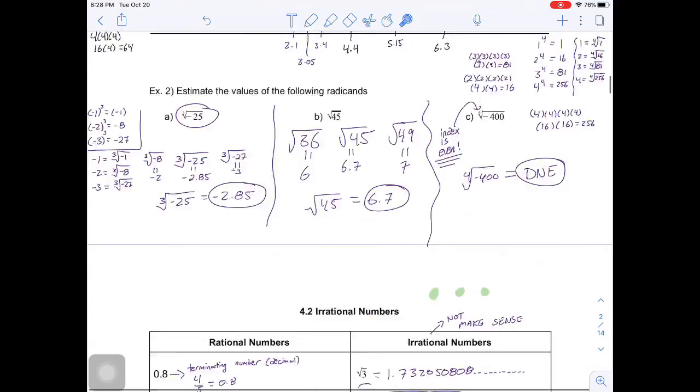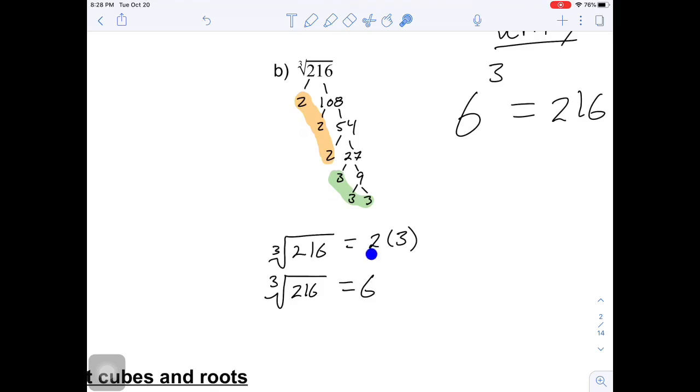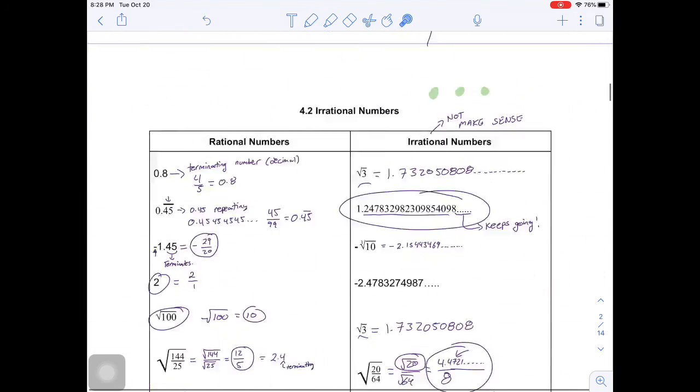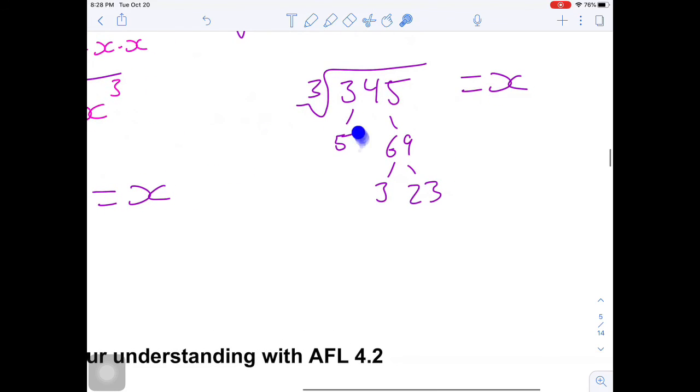So we can't group this into 3s for numbers. Remember, all the way back, hopefully you watched this video, but to check if something's a perfect cube, you prime factorize and then you group the same numbers into groups of 3 based on your index. Here we were able to nicely, and we could represent it 2 times 3. Down here though, we're running into some issues. We only have 1 5, we only have 1 3, and we only have 1 23.